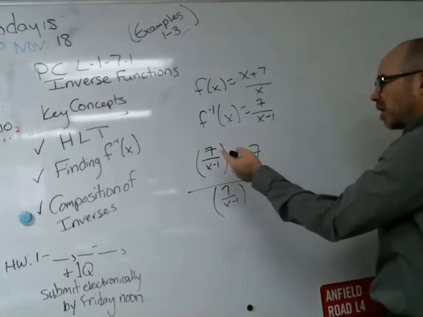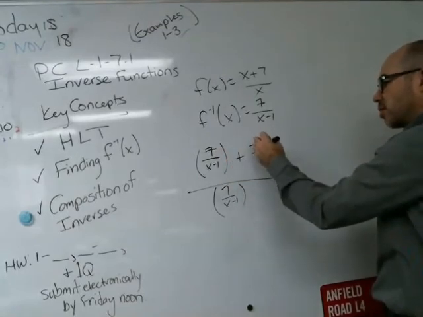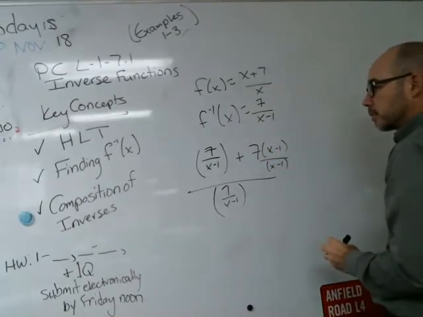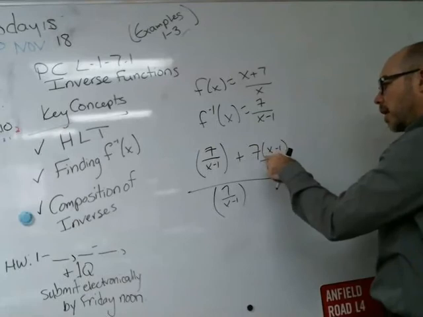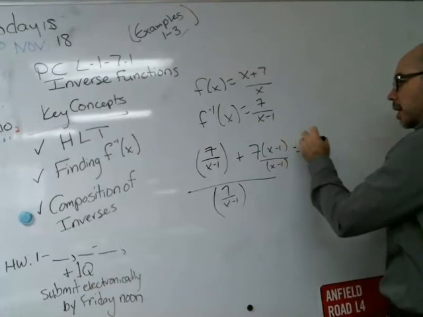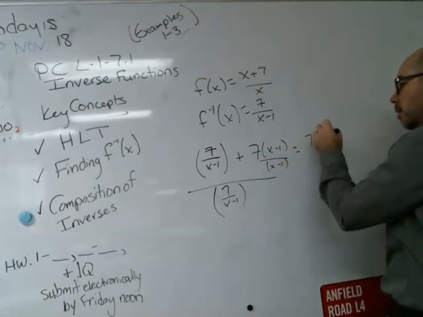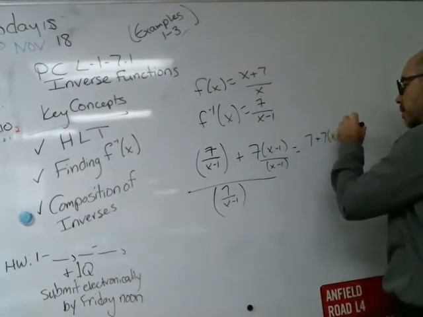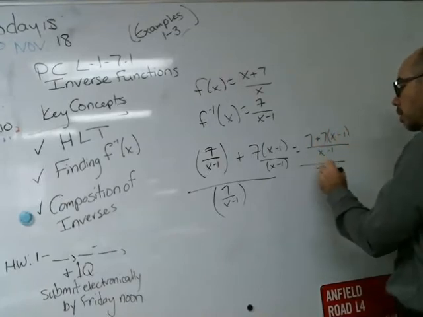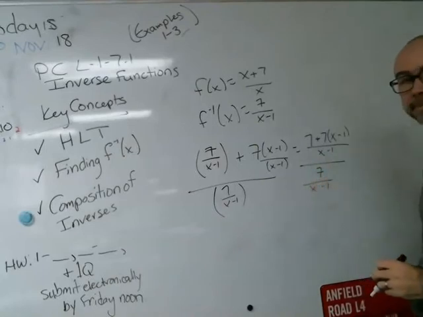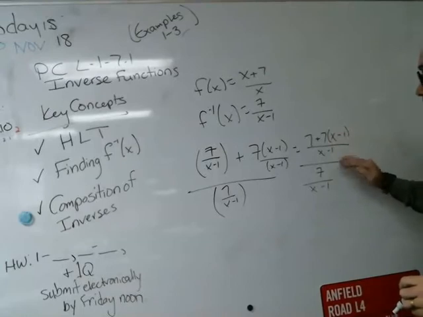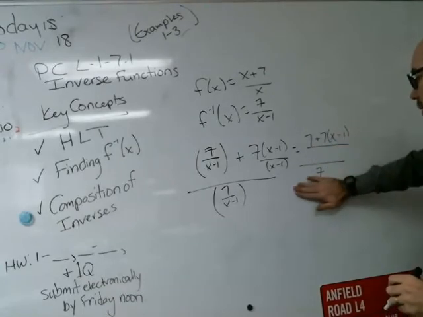I need to do this one as x minus 1 over x minus 1. So here, combining this stuff, I'll get 7 plus 7 times x minus 1 over x minus 1, over 7 over x minus 1. If you remember things about fractions, if both these fractions are over the same thing, the same denominator can just be ignored.